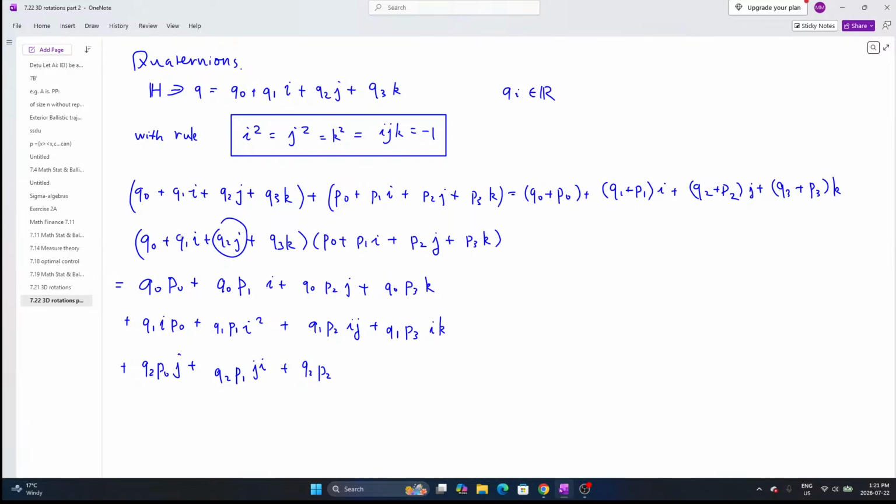Okay, let me just double check, just to make sure there's no arbitrary change in order. Sometimes I change order randomly, which is not a good habit at all. So let's recheck. Q0 times P0 plus Q0 P1 i plus Q0 P2 j plus Q0 P3 k. Okay, that looks okay. And then you can change the position of the scalar, namely the real number.